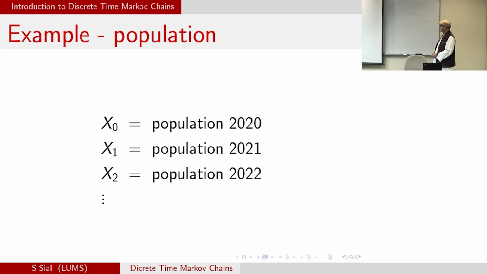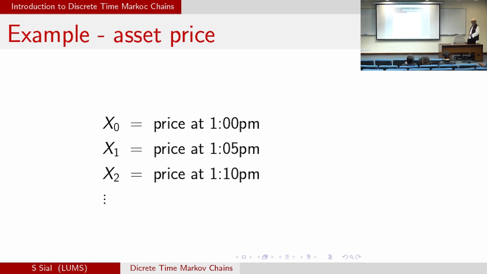Another example would be if you're tracking the price of some asset which is traded on an open market, then x0 could be the price at 1 p.m., x1 could be the price at 1:05, x2 could be the price at 10 minutes after 1, and so on.